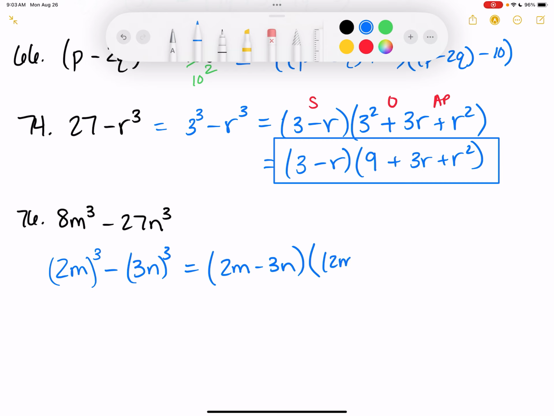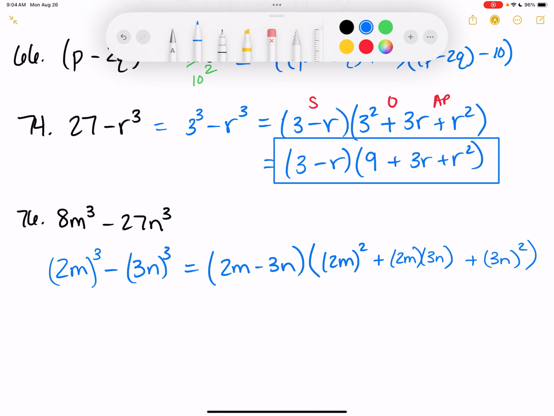Nope. Plus 2m times 3n. Plus 3n squared. Yep. If you wanted to go straight to the final answer instead of doing it in pieces, that's fine, but setting it up this way is great too so you can see everything.